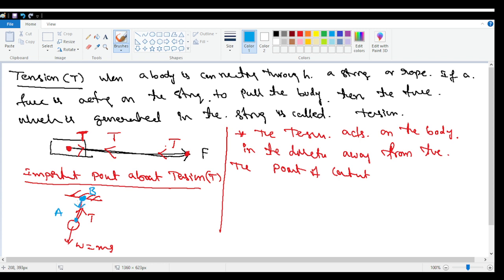Like this, downward. The tension acts on the body away from the point of contact, always away from the contact point. That is very important.